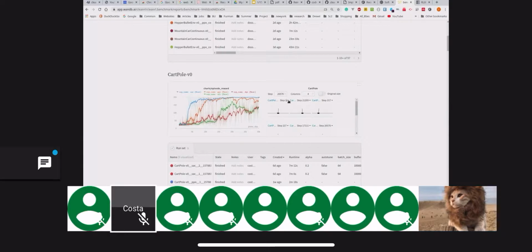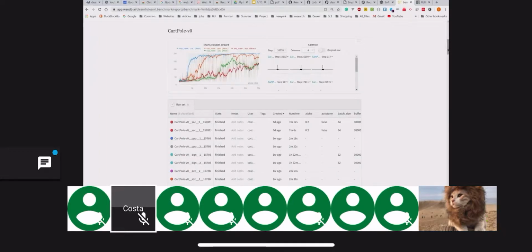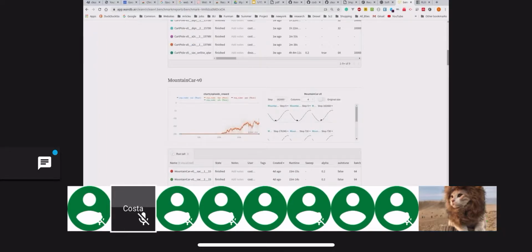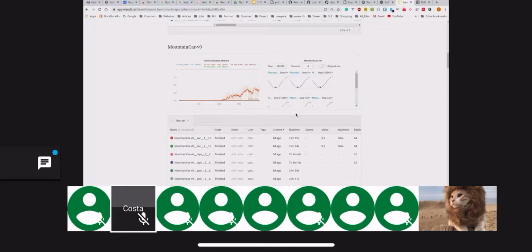But if we go to the train steps, it balances a lot better. That's also the case with a variety of different games. With MountainCar, we can see which algorithm actually solves it. In this case, the DQN performs the best, and the other ones are just stuck in a little valley, never able to get out.